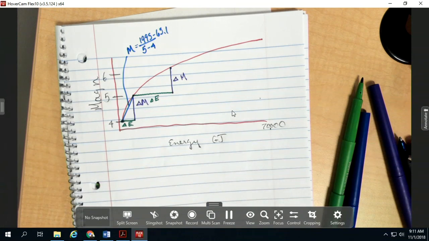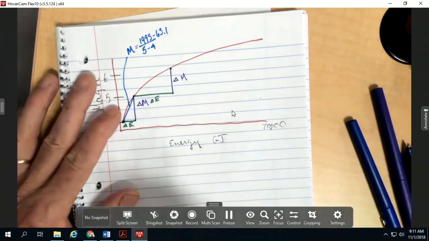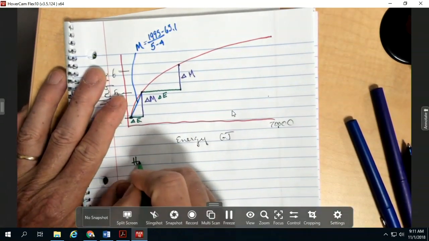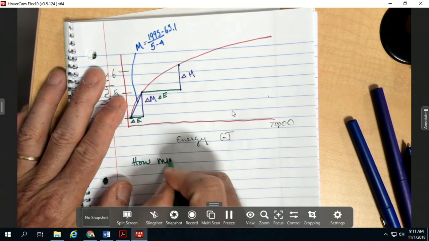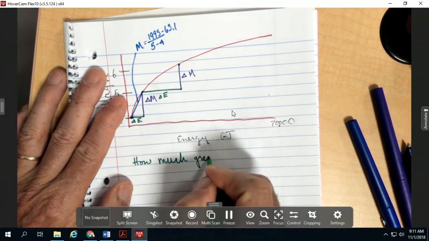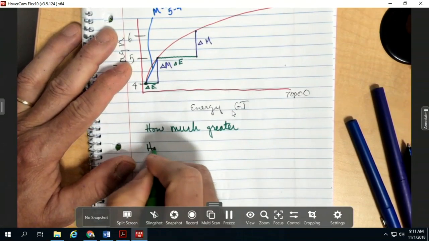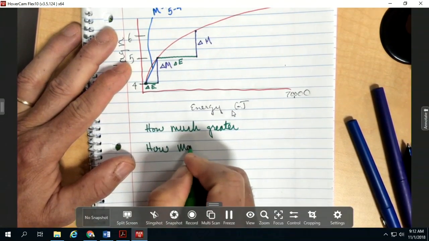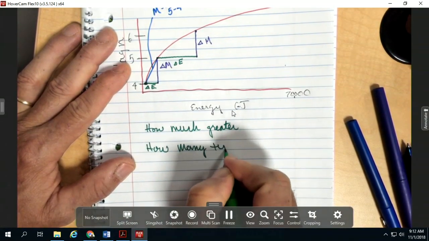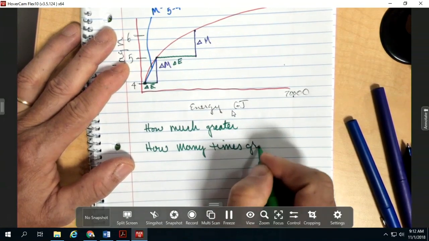Between a 5 and a 6. Now, they asked the question, how much greater? They should be asking the question, how many times greater?